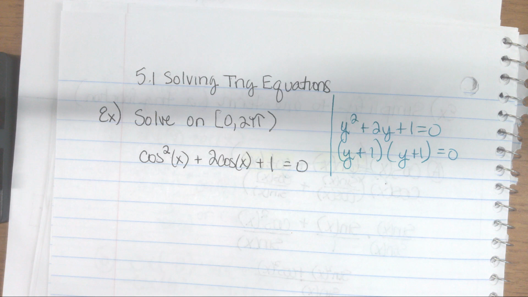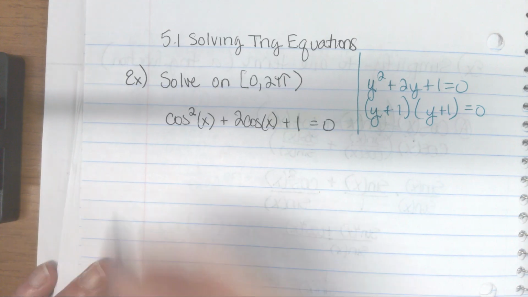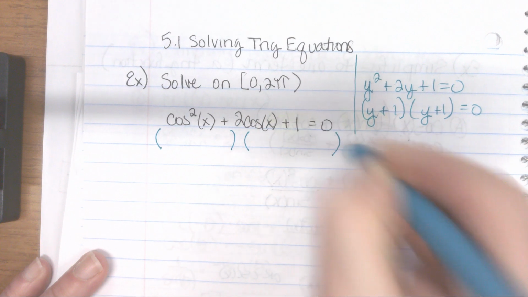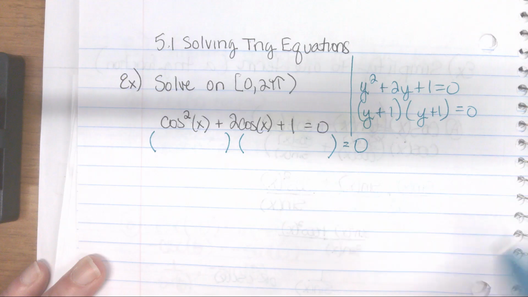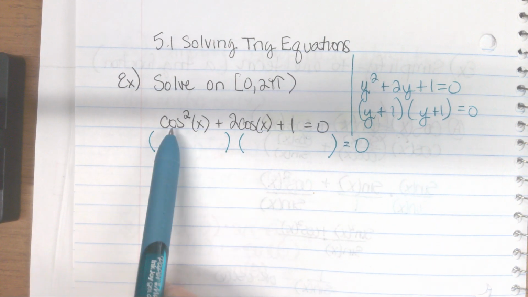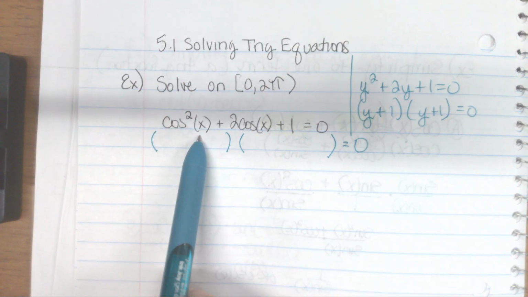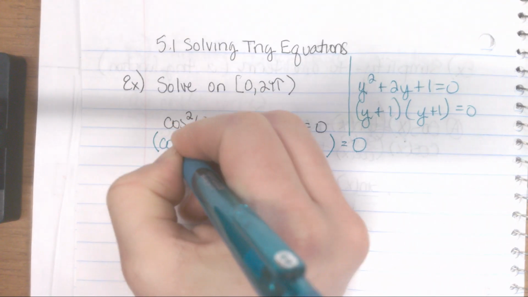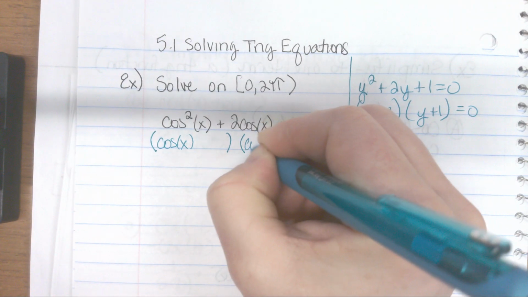So how I'm going to start this problem is I'm going to write 2 parentheses, and I'm going to ask myself, what would go in the first spots in order that I get a cosine squared? A cosine of x and a cosine of x.